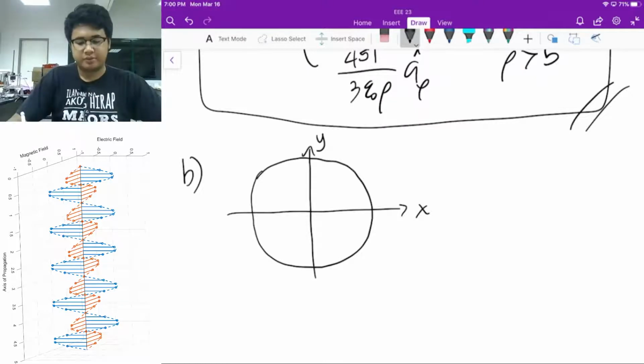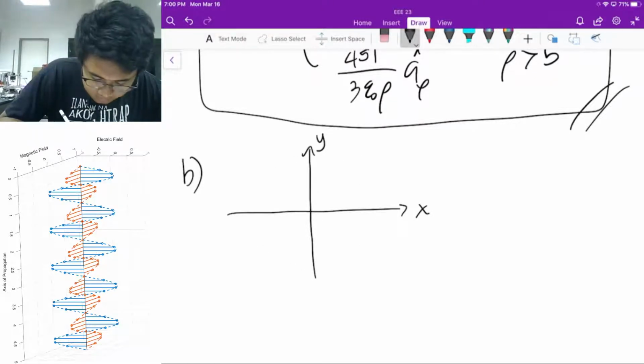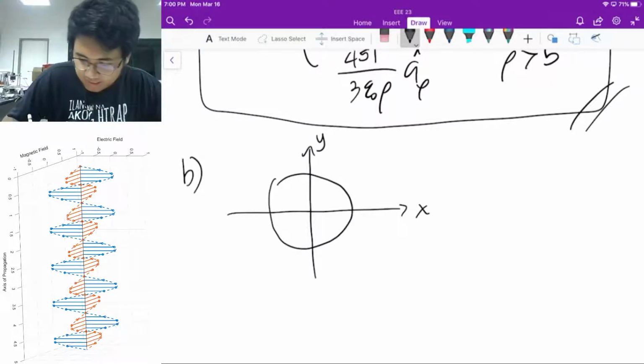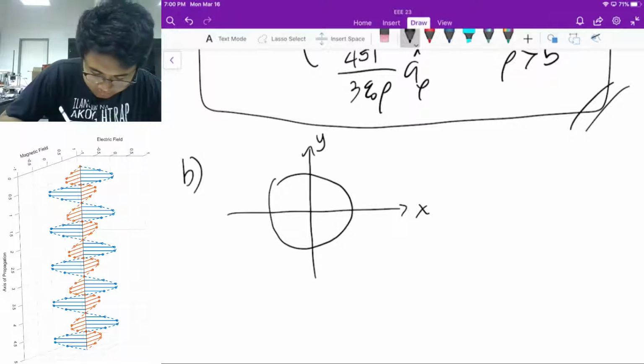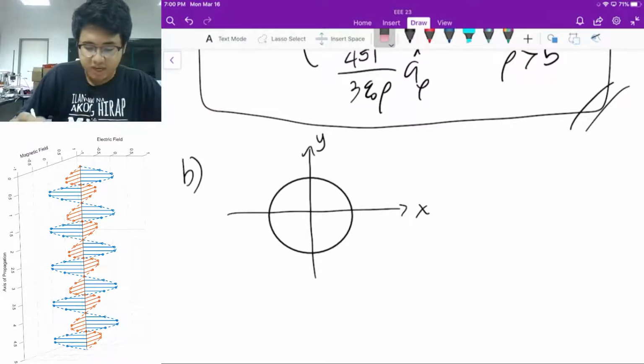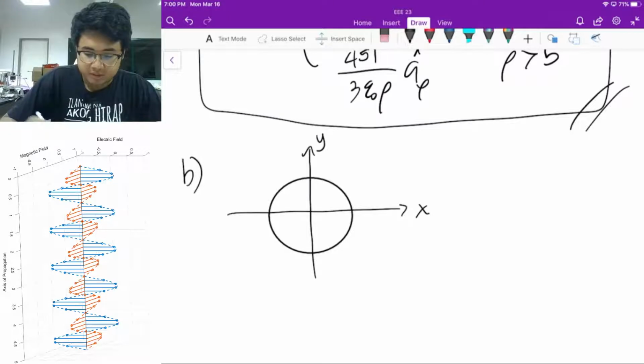You see here. That may be too big. Let me make it smaller. Nope. Let me try again. Better. There you go. So you have this circle. This is your charge density from 0 to 5.